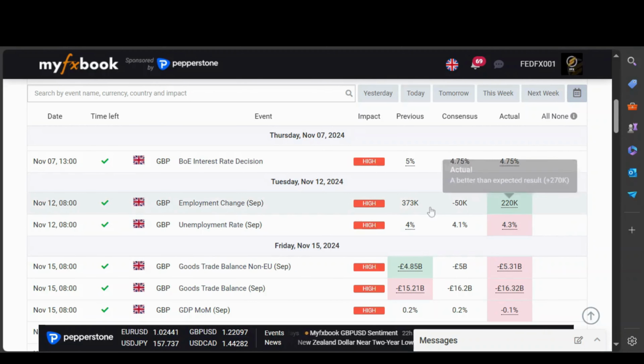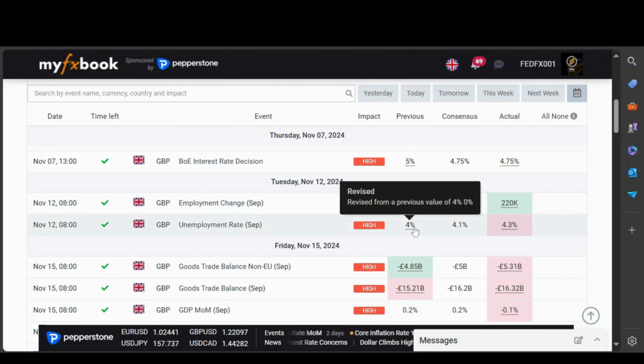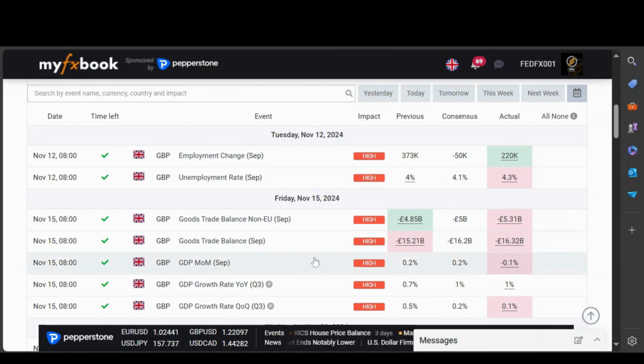But comparing to the previous data, this data is not positive for us, right? So unemployment rate was previously at 4%, went up 0.3%, and it's not good for the economy. So you could see that these data are giving bad signals for the GBP, and that's why we've been experiencing all those weaknesses.